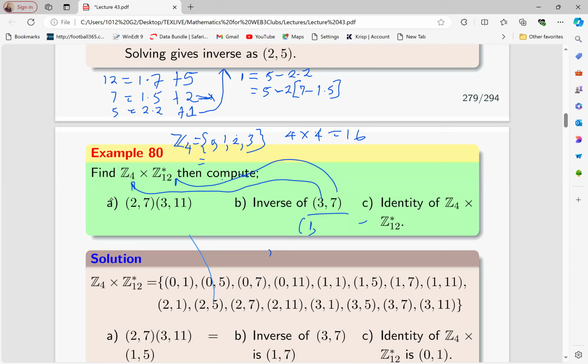Is that okay? When you make that the subject of the formula, what you get is negative 2, and this one will be plus 2 multiplied by 5.